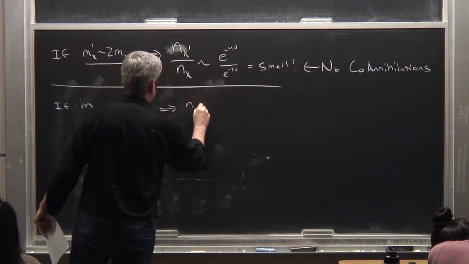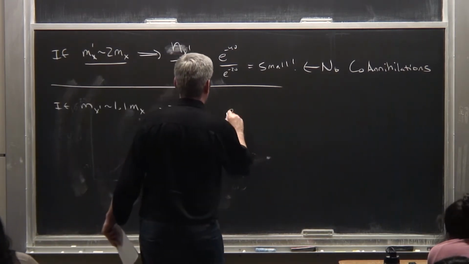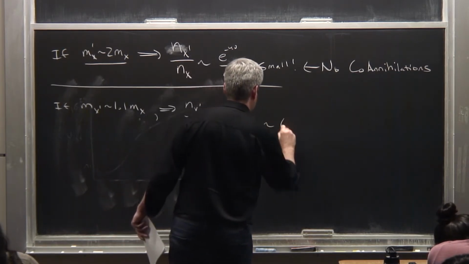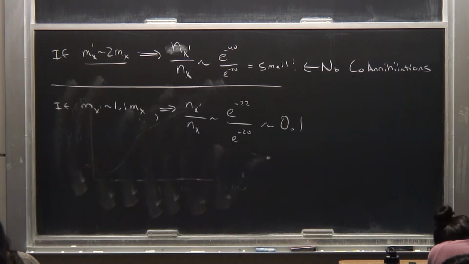In this case, you get a much more interesting result, of about a 10% ratio. So for every 10 dark matter particles at freeze out, there's one co-annihilating particle. That is not irrelevant. That's something that could, in principle, drive the process of freeze out.